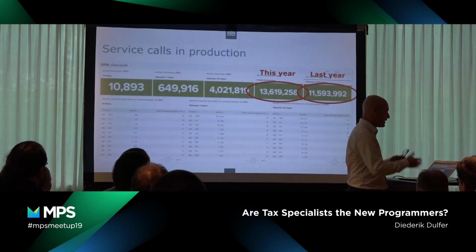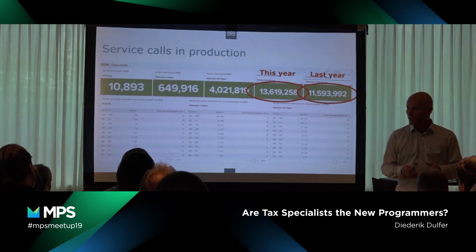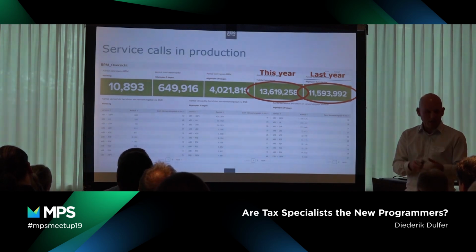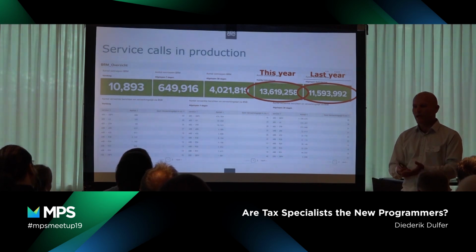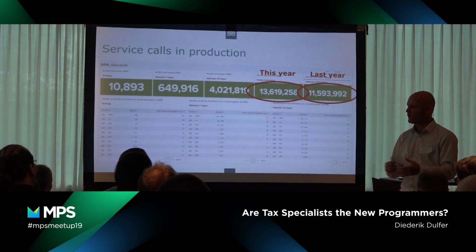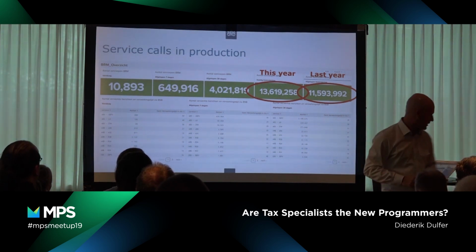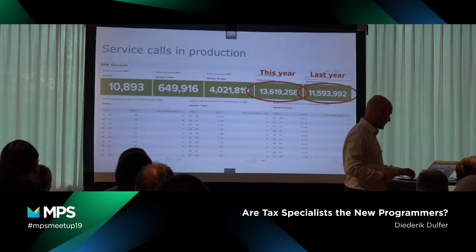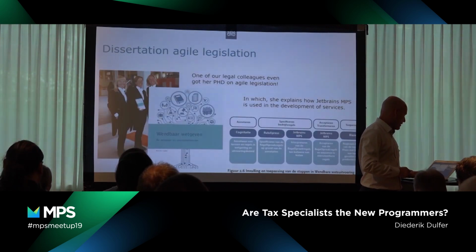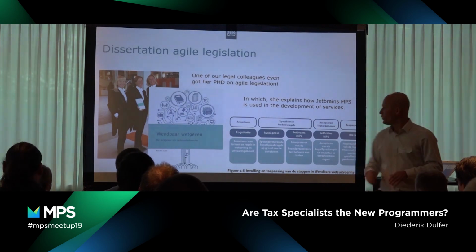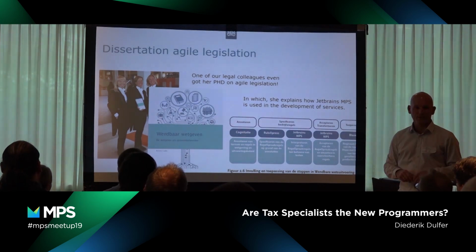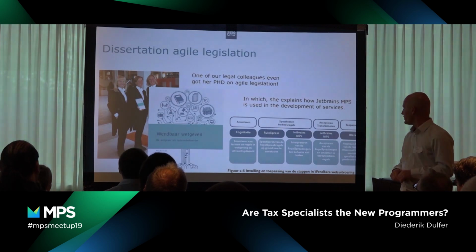To give you some idea about where we are now, for this year we did the actual calculation of the income tax of all citizens. So that's quite nice. Last year 11 million calculations and now 13 million calculations.